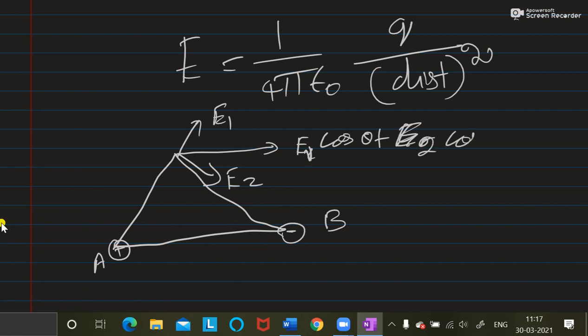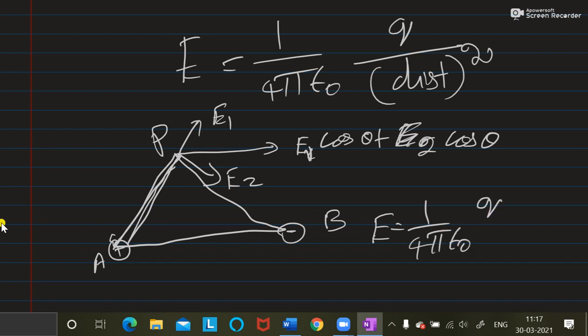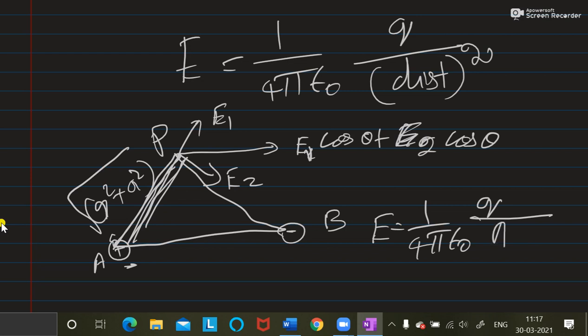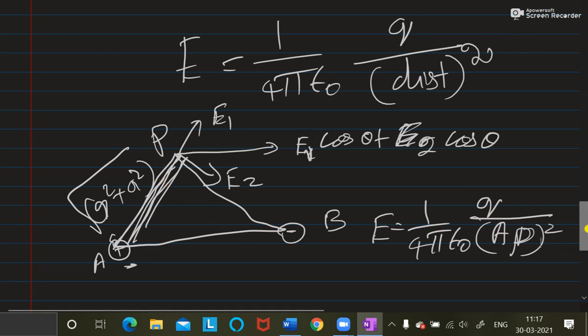Right now I am going to find what is E1 and what is E2. E1 happens due to this distance, the AP distance. So electric field is equal to 1 divided by 4 pi epsilon naught Q, positive Q, divided by the distance of AP squared. I know AP is going to be the root of R square plus A square, so AP whole square is R square plus A square.